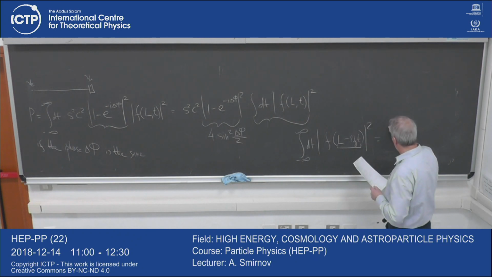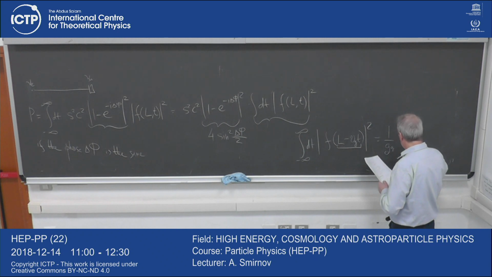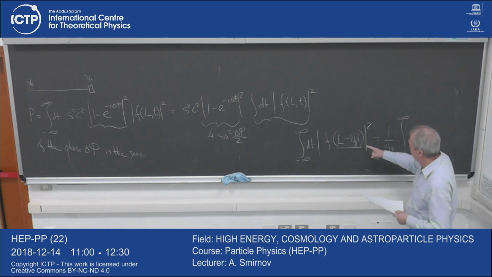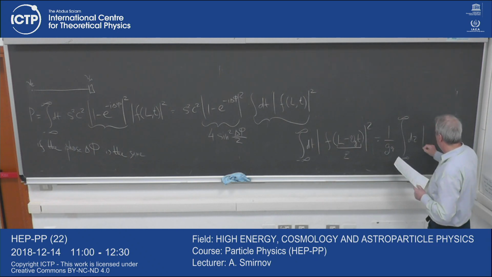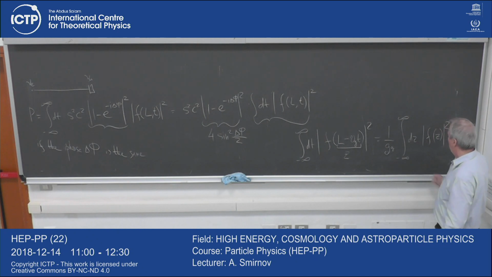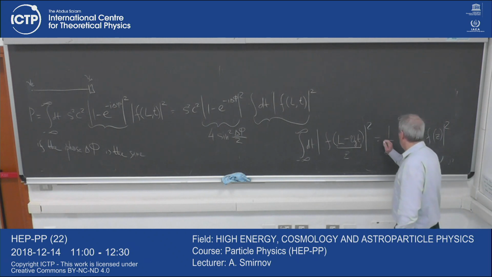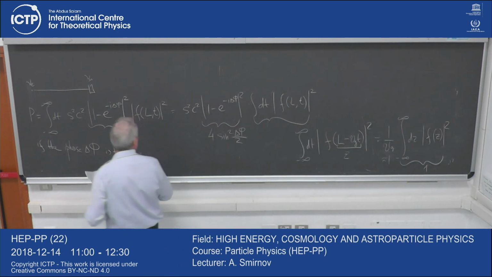What I will get is eventually 1 over V group, integral from minus infinity to plus infinity, now over the distance, which I denote by z, dz, and I will have here the moduli square of f(z). And this is just 1, right? Because we introduced the normalization in this way. Oh, sorry, this is 1 over V, and I will take here approximately the group velocity. At this point, it is not important.